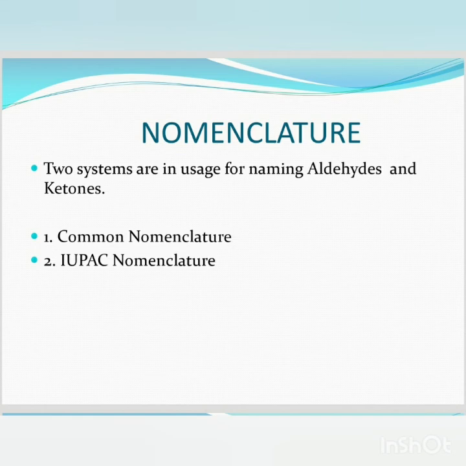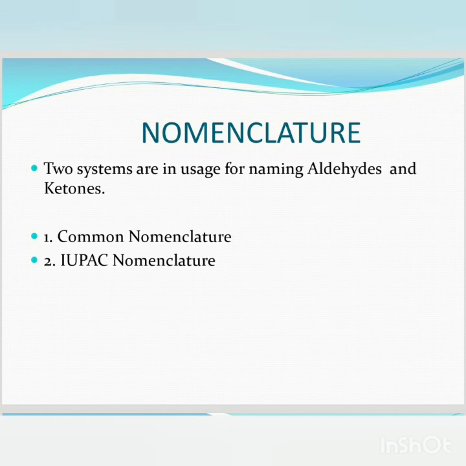As usual, in carbonyl compounds also, the compound name contains 3 parts: word root, primary suffix and secondary suffix. Already you know about word root. Word root tells the number of carbons. The primary suffix tells about the unsaturation of the compound.